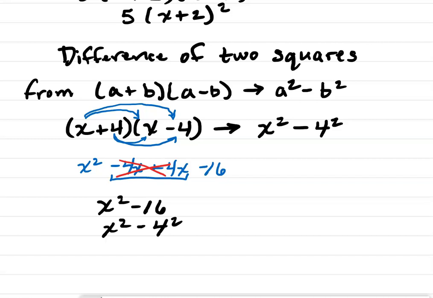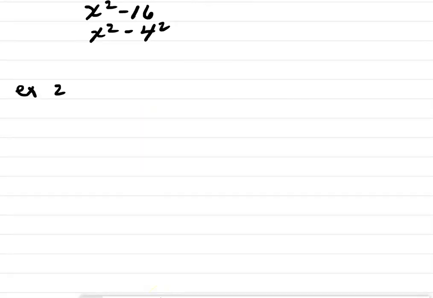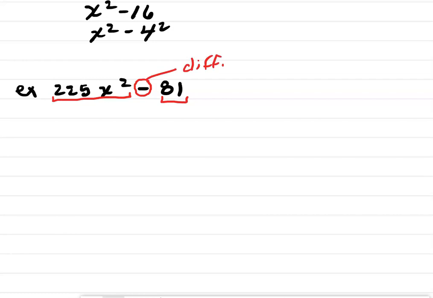Let's look at another example, 225x squared minus 81. And if you notice, 225x squared is a perfect square, and 81 is a perfect square. And the most important part, you have a subtraction, difference of two squares. So difference means, of course, subtract. So 15 times 15 is 225.